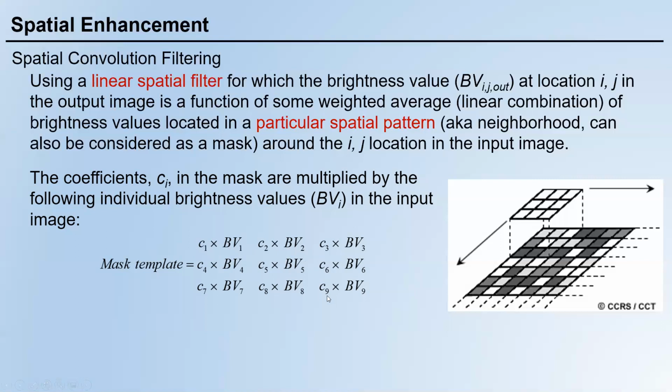When you assign different values to these coefficients, the function or the performance of your mask, your filter, will change accordingly. Scientists and researchers have been working hard to create different types of masks to implement different enhancements on remote sensing images.